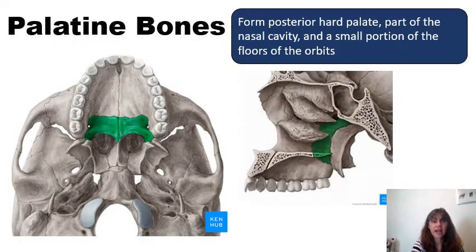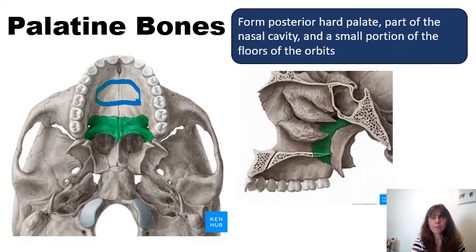If we look at the maxilla, this portion right here where it folded over to form that anterior portion of the roof of your mouth, this portion is going to make up what's called the palatine process of the maxilla.